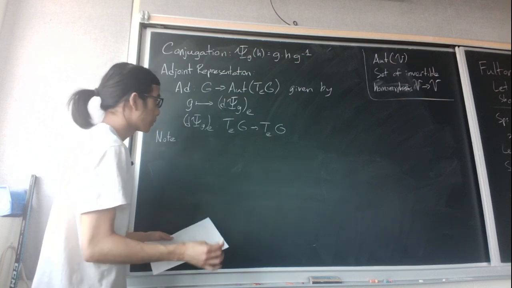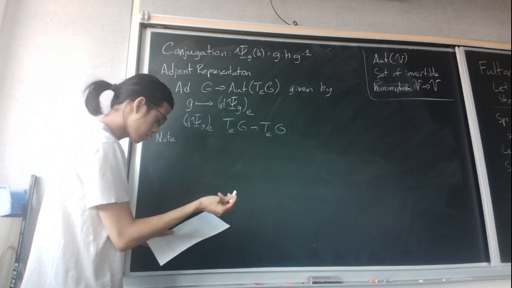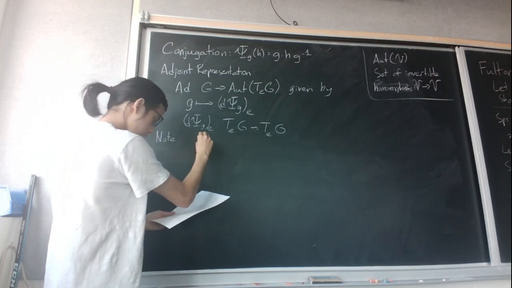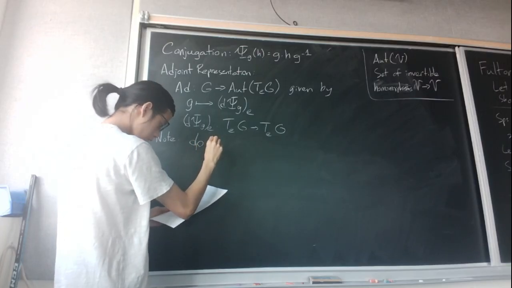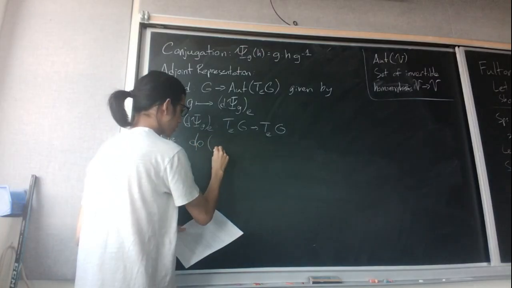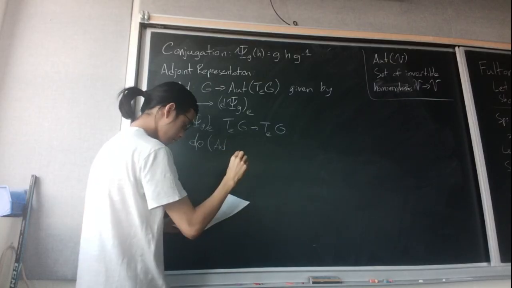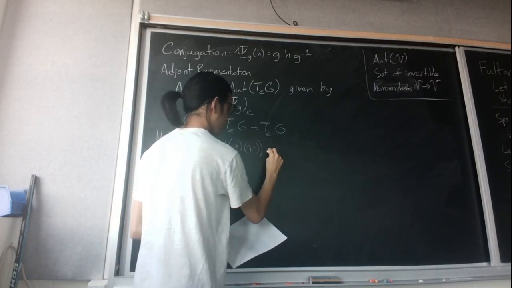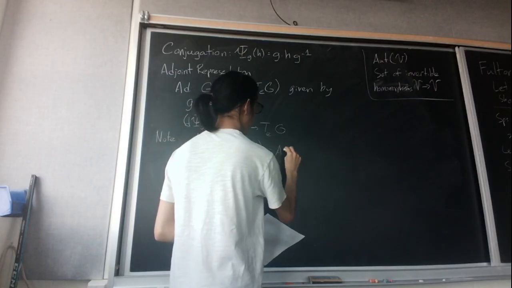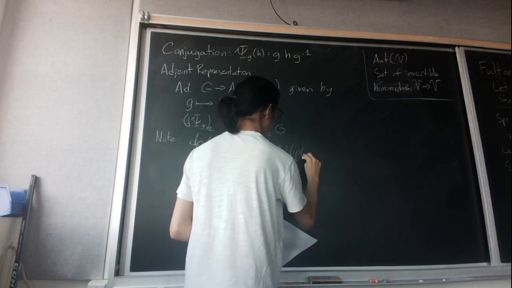So homomorphisms also respect this. The thing I have written down is d rho of Ad g v is equal to Ad, and this is ripped straight out of the book.